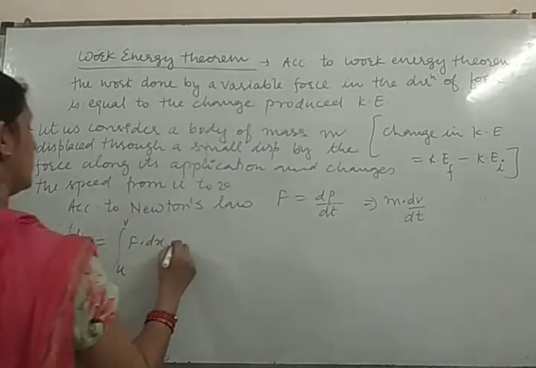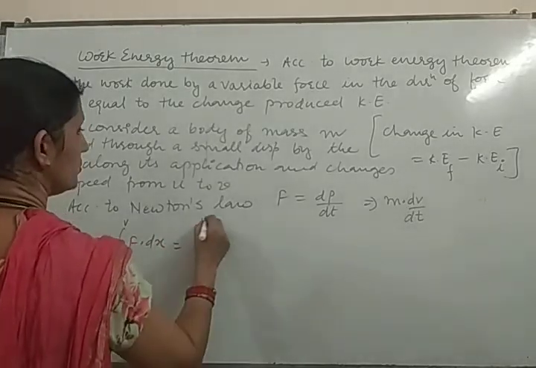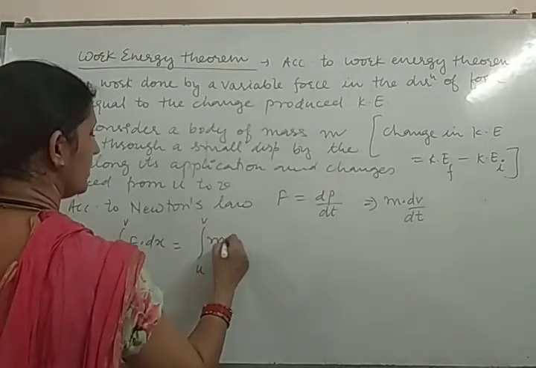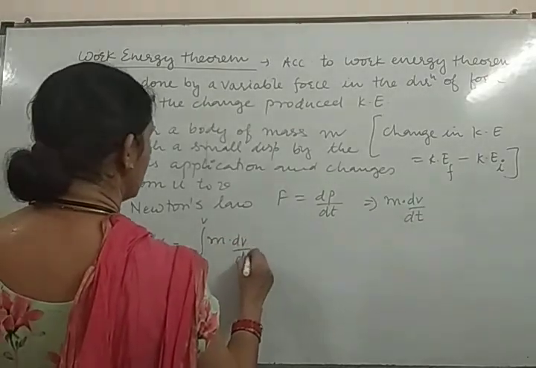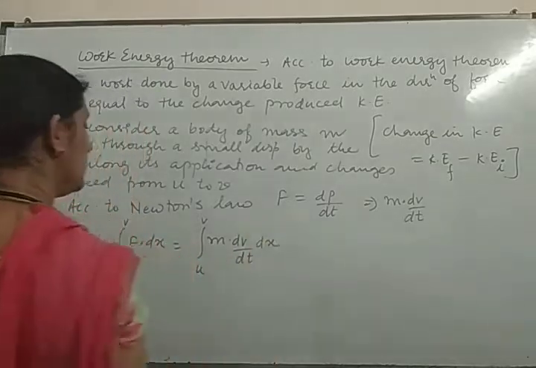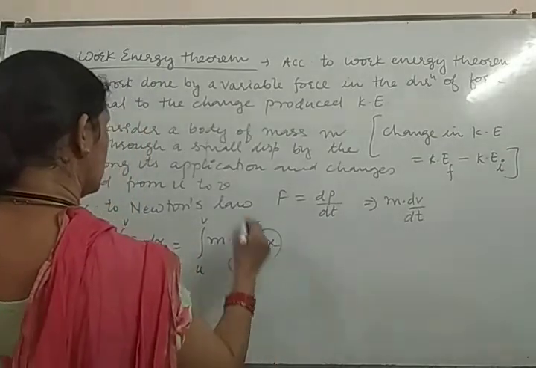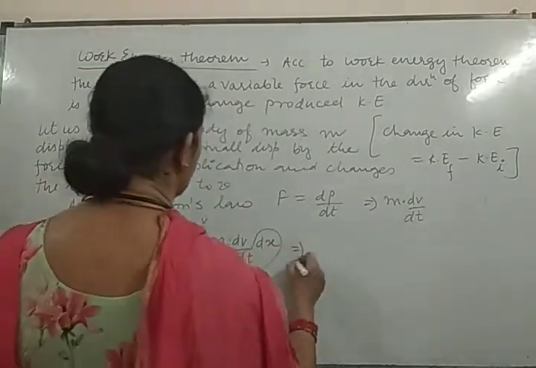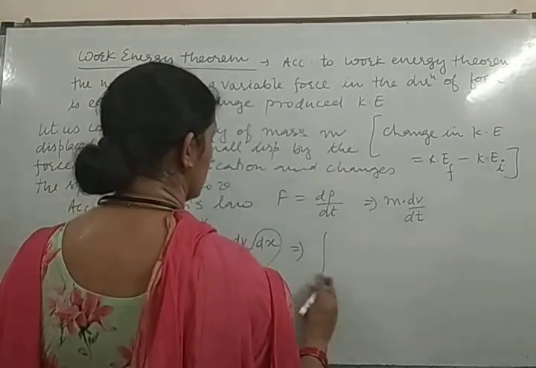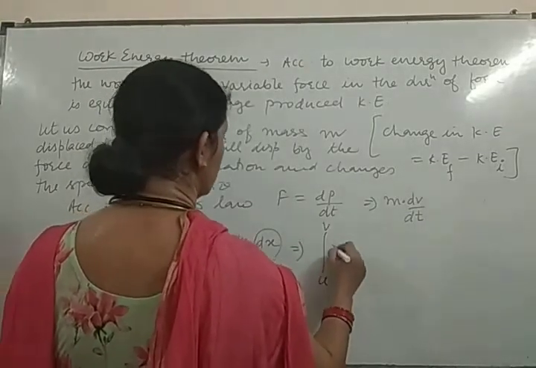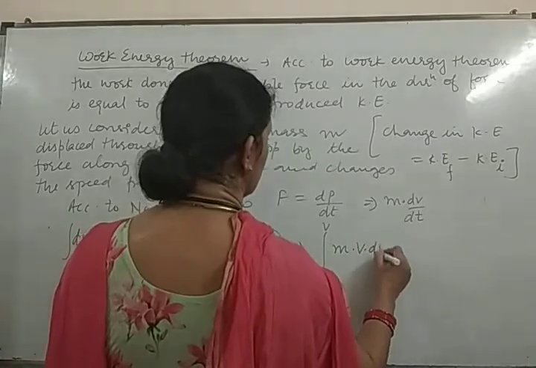So put this value of F, m into dV by dt into dx. From here, take it as v, you will have the integral from u to v of m into v into dv.